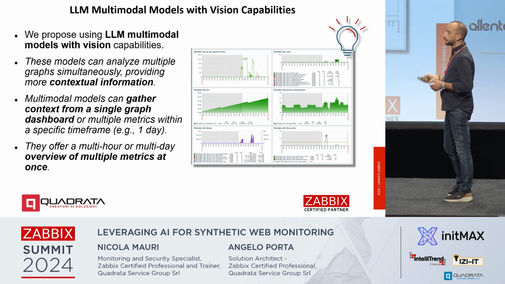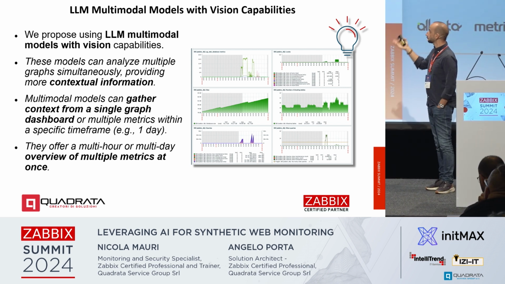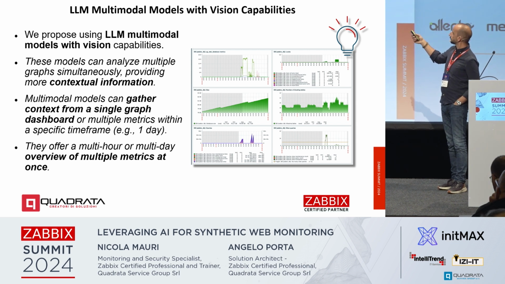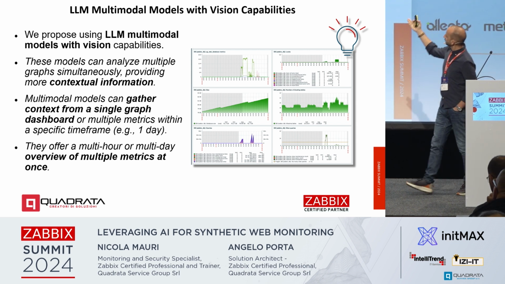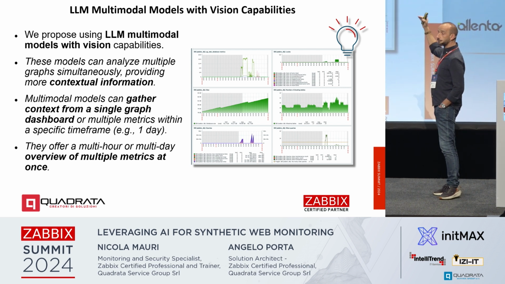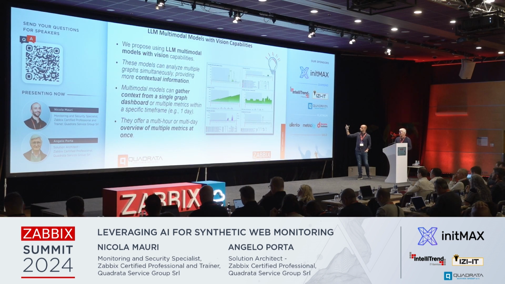For example, we can submit this image, which is a screenshot of a dashboard containing a lot of graphs about my database instance: database metrics, database size, several types of logs in the same graph, number of bloating tables, number of queries, slow queries. And the model, hopefully, will try to interpret this screenshot.